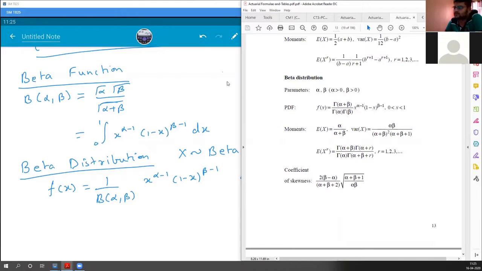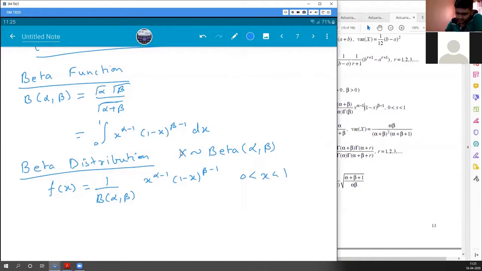Now this is how we convert a mathematical function into a distribution. What we want is this integration to be equal to 1. But in actuality it is equal to this, so we divide by this. That is why we multiply by 1 by beta of alpha comma beta.